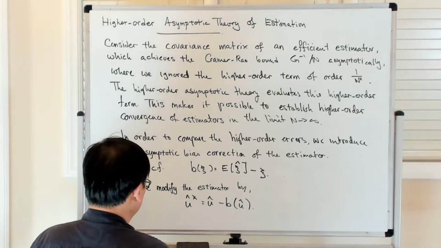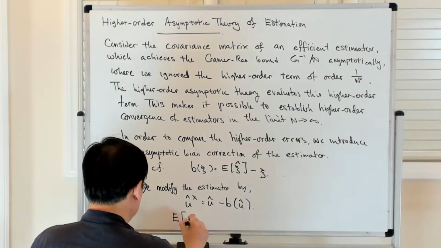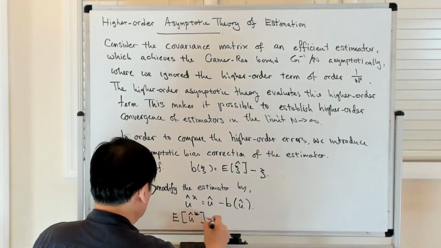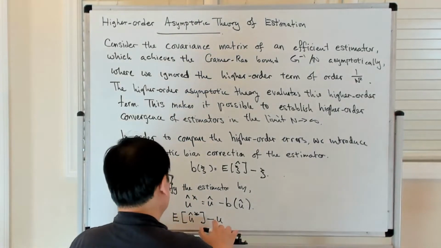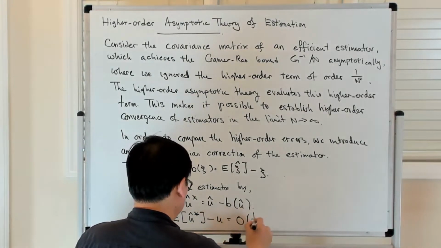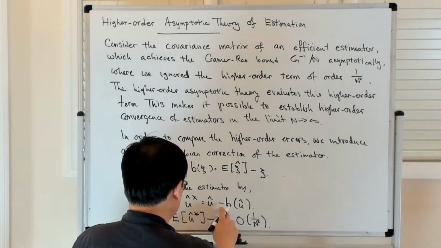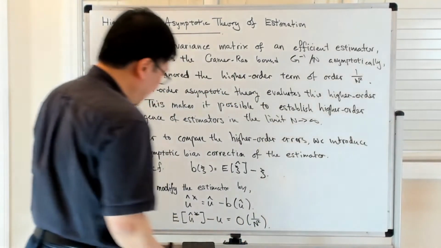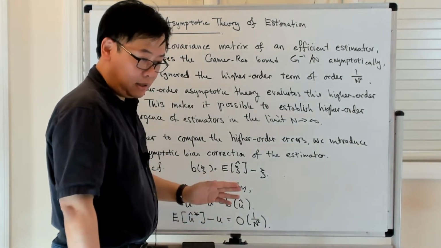So I'm going to correct for the bias. Then what happens is that the expectation of u hat star minus u is now not going to be first order, but second order, right? 1 over n squared. Usually whenever you're looking at things asymptotically, you just look at the leading order error term.